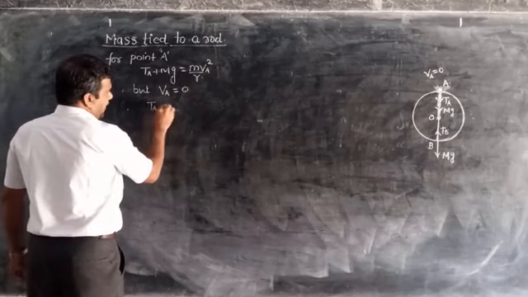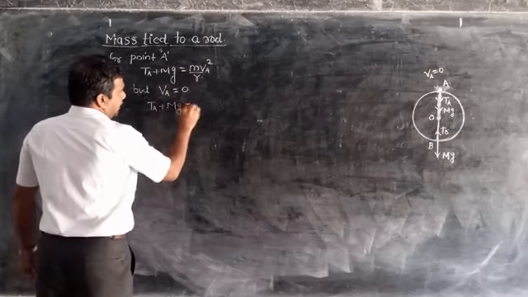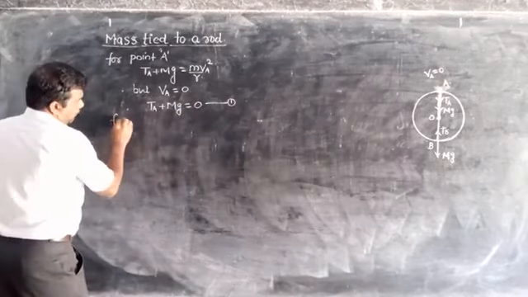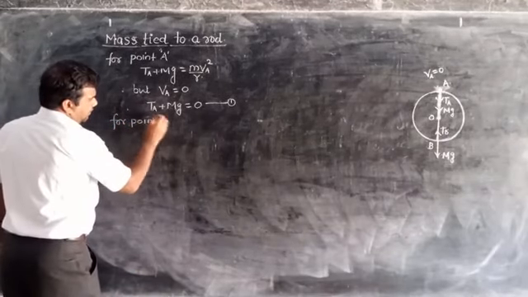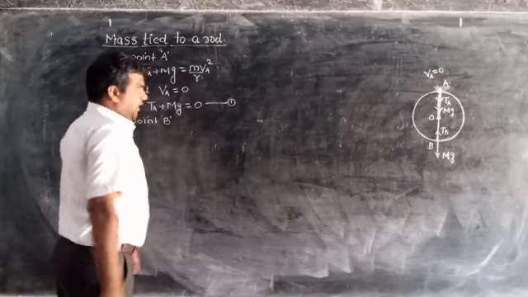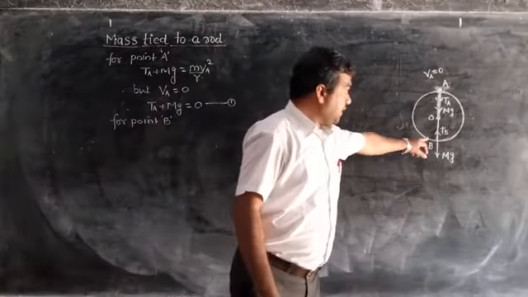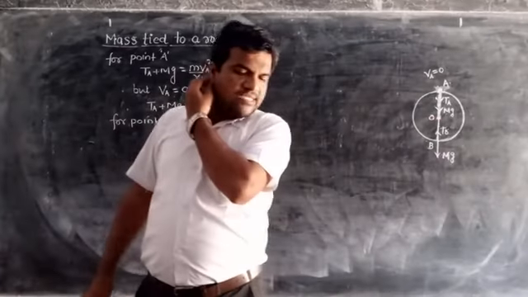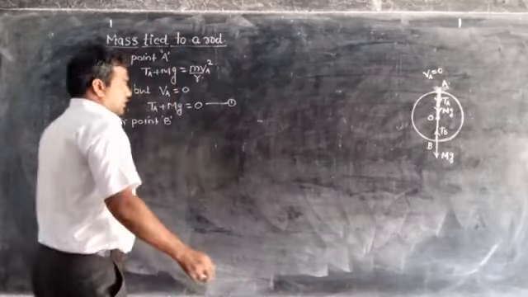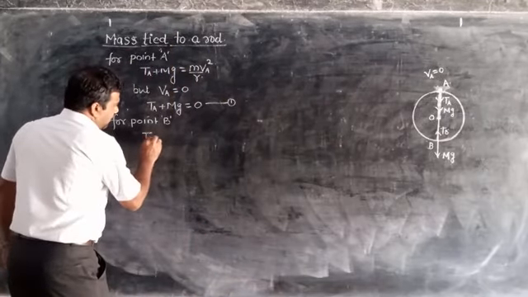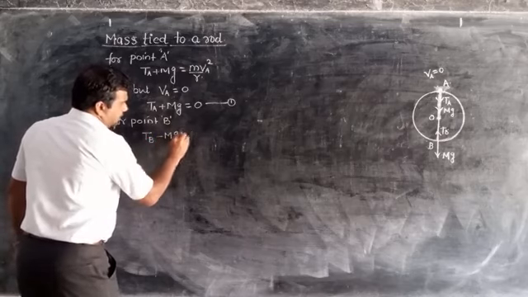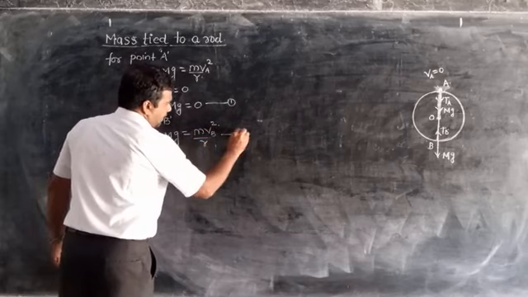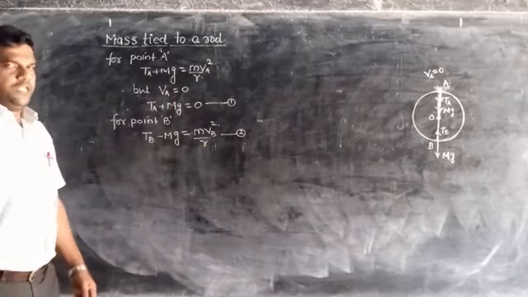Therefore, this can be written as TA plus mg is equal to 0. This is equation number 1. Now, for point B, that is the lowest point, the difference of these two forces, that is TB and mg, provides the necessary centripetal force, that is TB minus mg is equal to mVB square upon r, and this is the formula for tension.